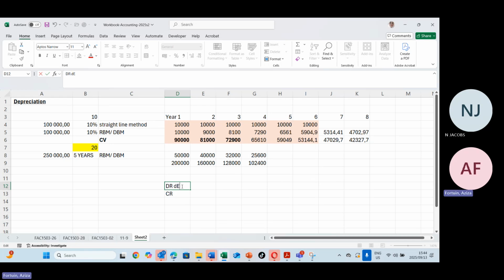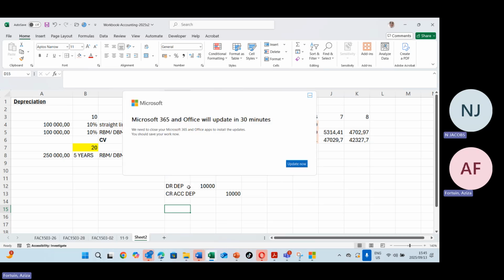So for year one, you're going to debit depreciation for 10,000 and credit accumulated depreciation for 10,000. Right? And then you're going to do this for year 1, 2, 3.